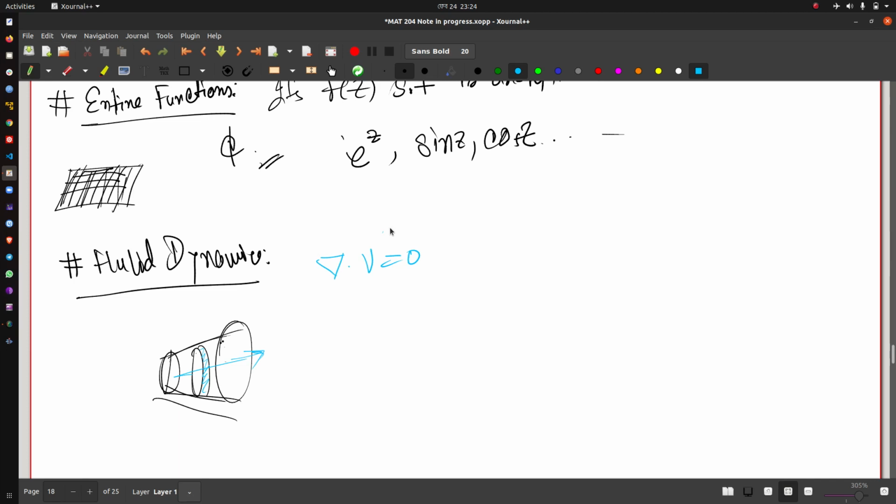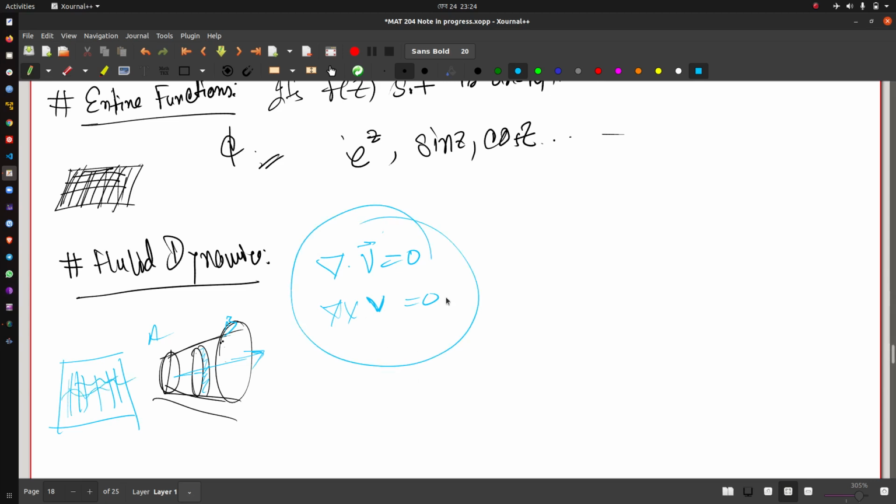That's what incompressibility means. And if you have a fluid that doesn't rotate while it's flowing from, let's say, A to B, then the velocity field itself doesn't have a curl. We are also thinking of this whole setup as a two-dimensional setting, so instead of drawing the cylinder, I should have drawn a plate like this, where the fluid is moving.